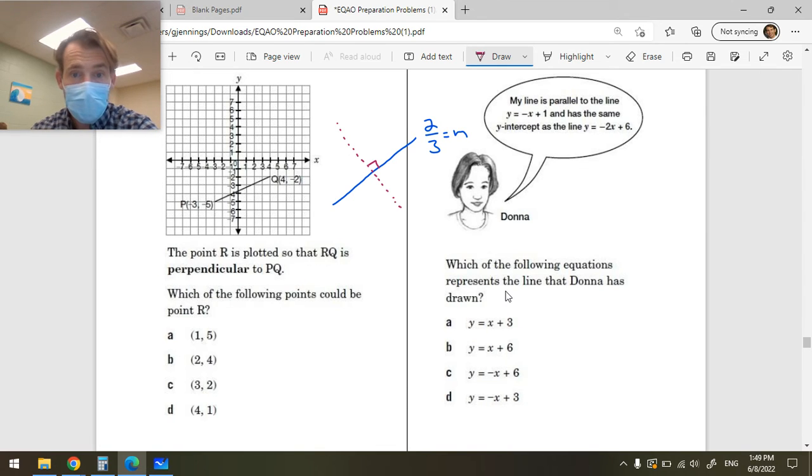Okay, makes a 90-degree angle. Its slope will be the flopposite. I make the opposite sign and I flop the fraction: -3/2. And so this is the relationship for perpendicular lines.